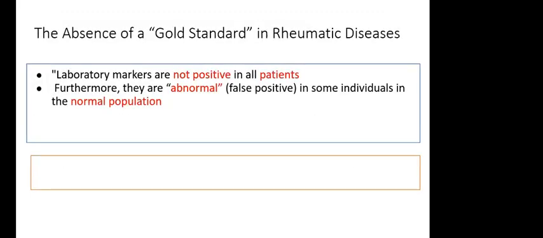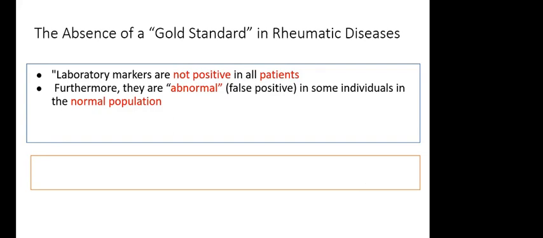At this point, we all agree that there is an absence of a gold standard in rheumatic disease in comparison to other diseases which have a confirmatory test to rule in or rule out the disease. For example, in diabetes mellitus, we can be 100% sure that the individual doesn't have the disease if hemoglobin A1C is normal.